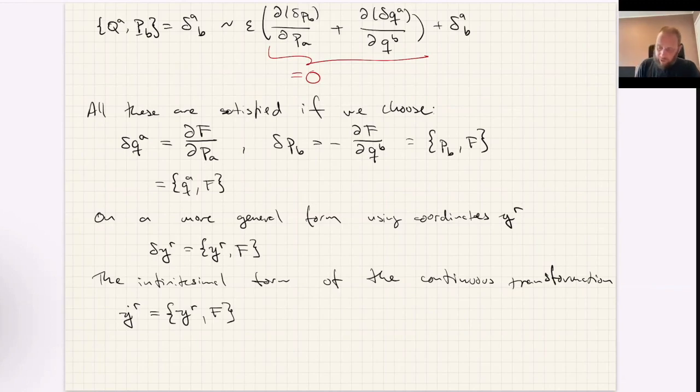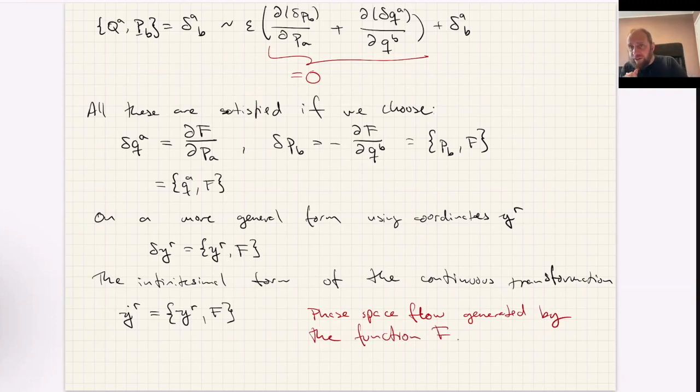So this is called the phase space flow. Oops, sorry. This is called the phase space flow generated by the function f. Remember here, f is a function generally of both of the q's and the p's. So generally f is a function of all of the y's.